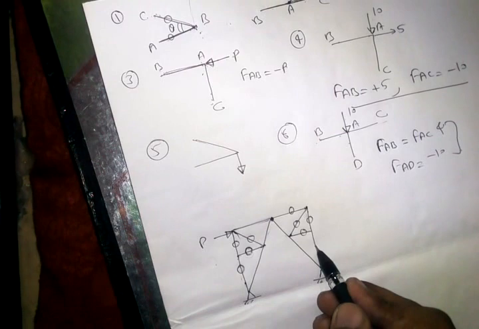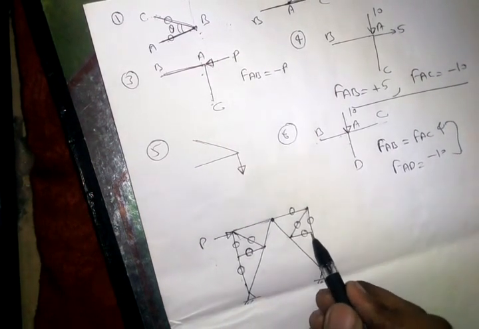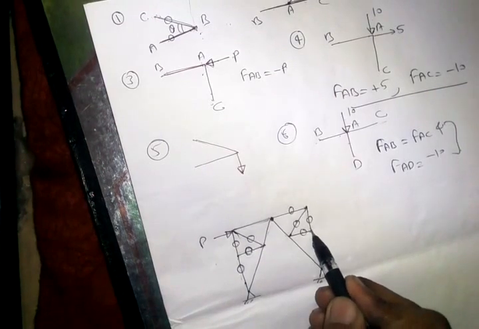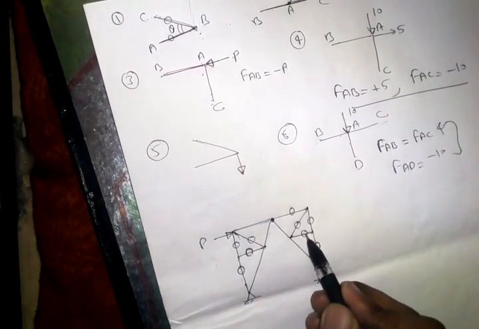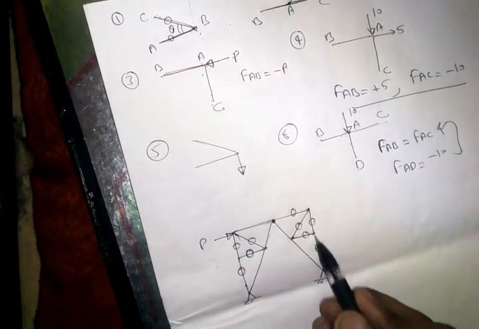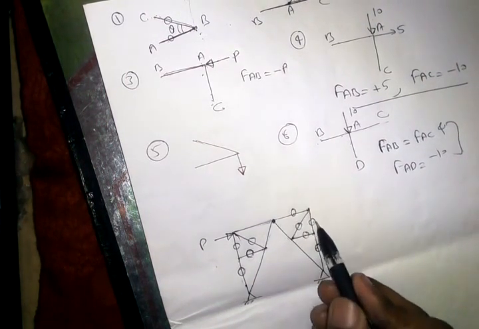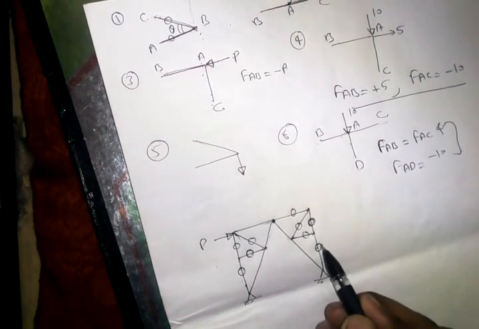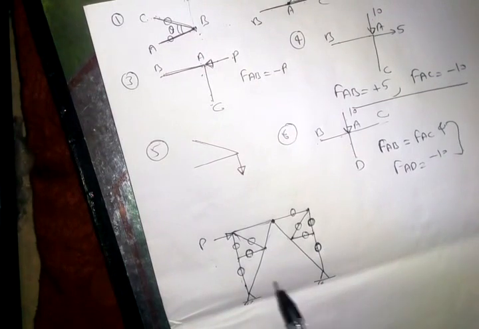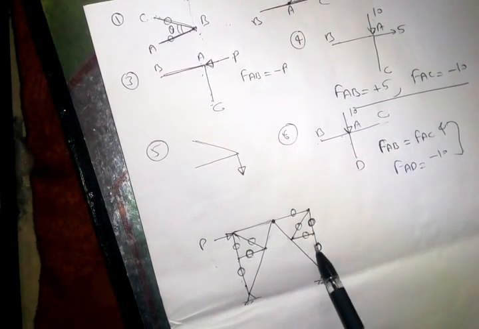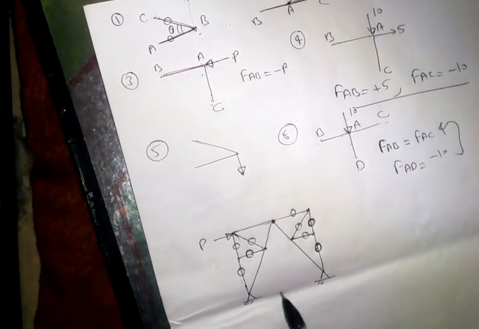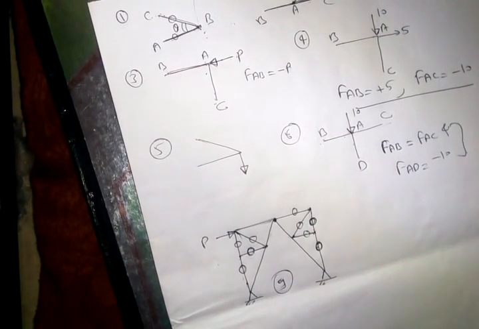Also force in this member will be 0 because at this joint 3 members, so force in this will be 0 and force in these two members will be equal. So if force in this member is 0, force in this will also be 0. So they are 1, 2, 3, 4, 5, 6, 7, 8, 9. 9 members, right? 9 members. Okay.